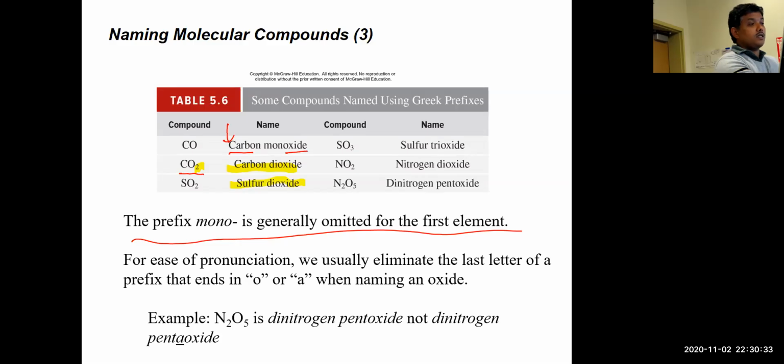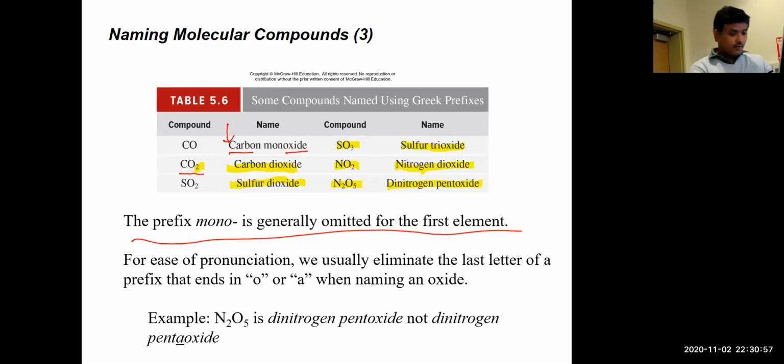And SO3, sulfur, 3 oxygens, so trioxide. And NO2, nitrogen and 2 oxygens, so dioxide. And N2O5, dinitrogen. See, 2 nitrogens, so you have to include the prefix, and a pentoxide.